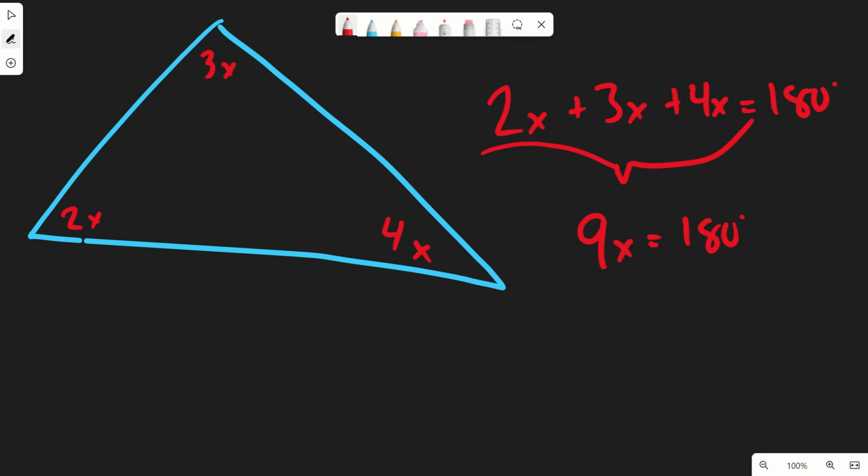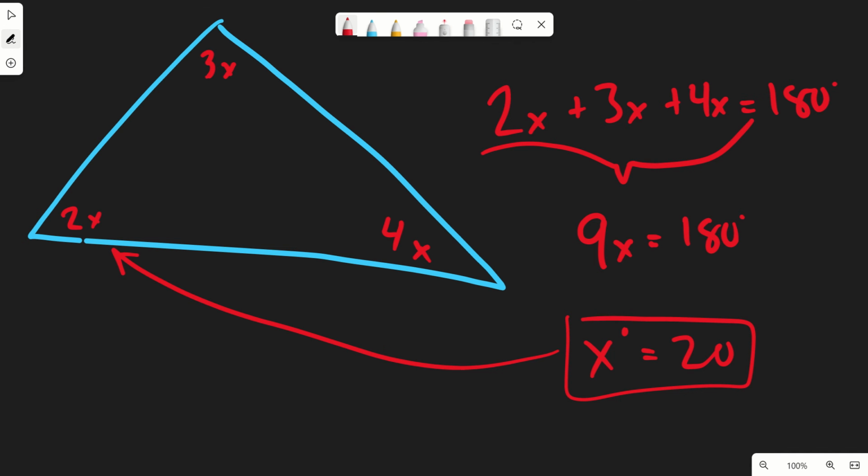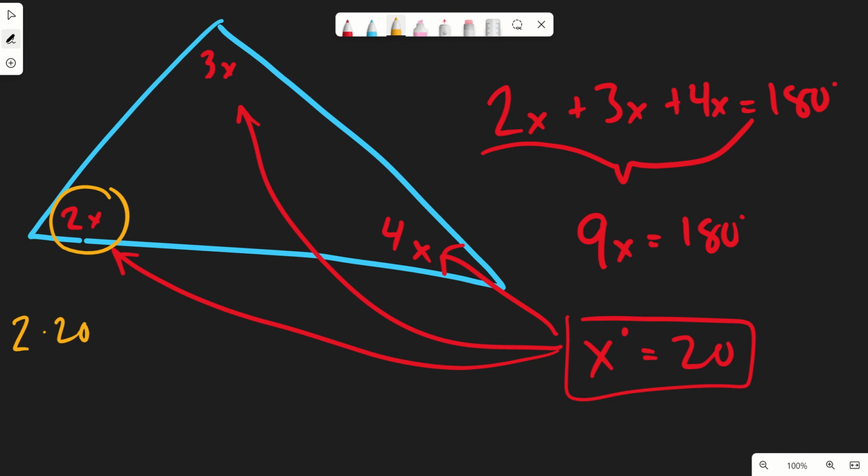And so if 9x is equal to 180 degrees, how many degrees is 1x? Yes, 1x is 20 degrees. And now I take this information and plug it into all of my x's. This right here will become 2 times 20.